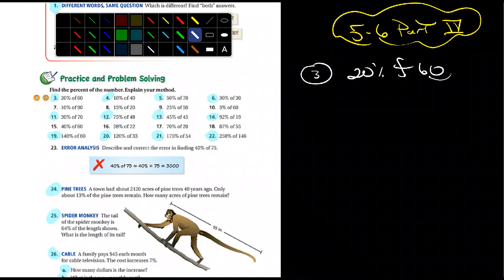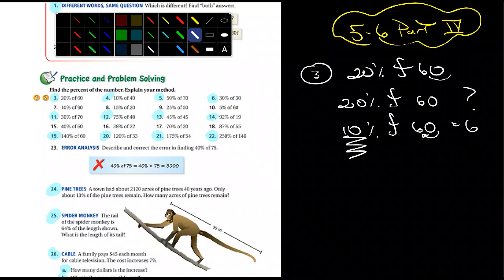So let me rephrase it a little differently. 20% of 60. Before we figure that out, you guys should know 10% of 60. As Mr. Lasore said, you move the decimal over one place, and that's going to be 6. Anything you're trying to figure out 10% of, you move the decimal one place.